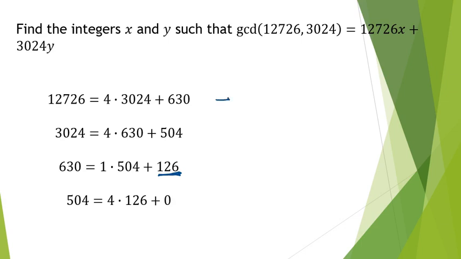So for this first row, I'm going to solve for the 630. 630 is 1 times 12,726, and then minus 4 times 3,024.